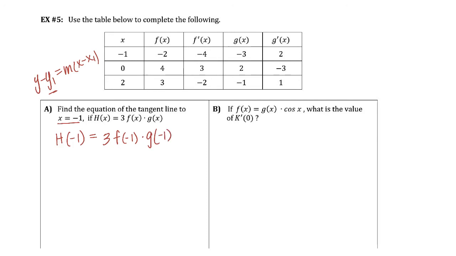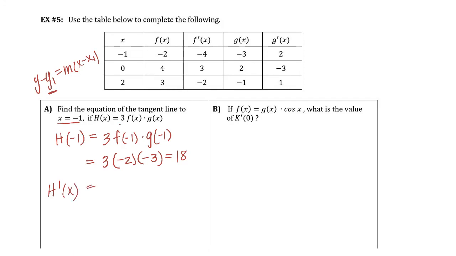All right, so let's go read our chart. We have 3 times f at -1 is -2, times g at -1 is -3. So it looks like we're going to have positive 18 for our y value. So we now know that y value. Okay, now we need to go find h prime at x so we can find our slope.